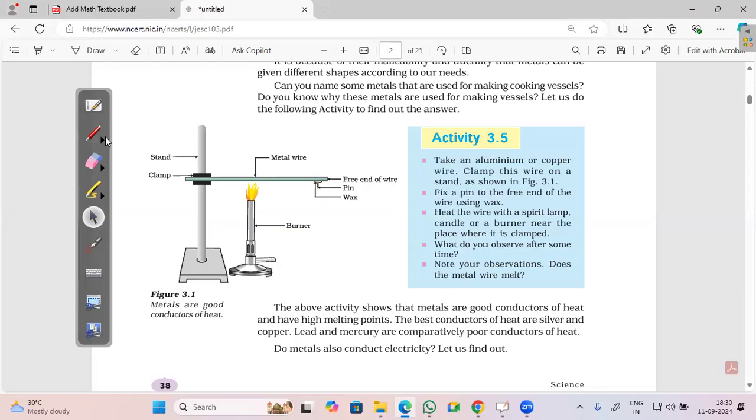See, there is no such metal. Almost all the metals are good conductors of heat and electricity.